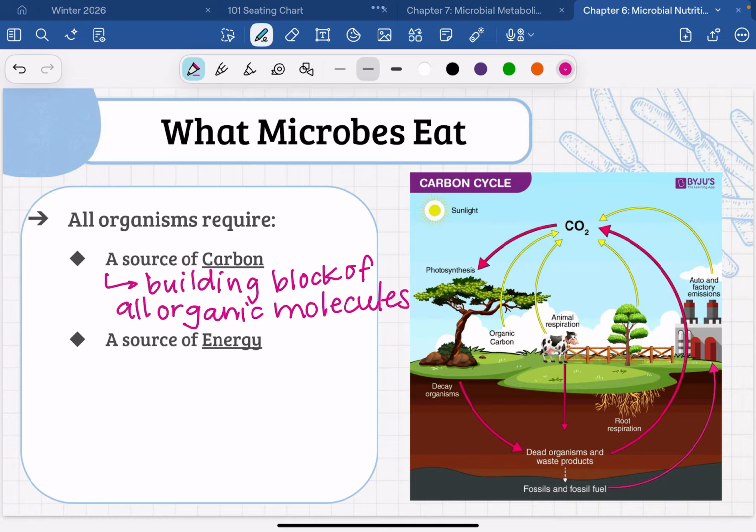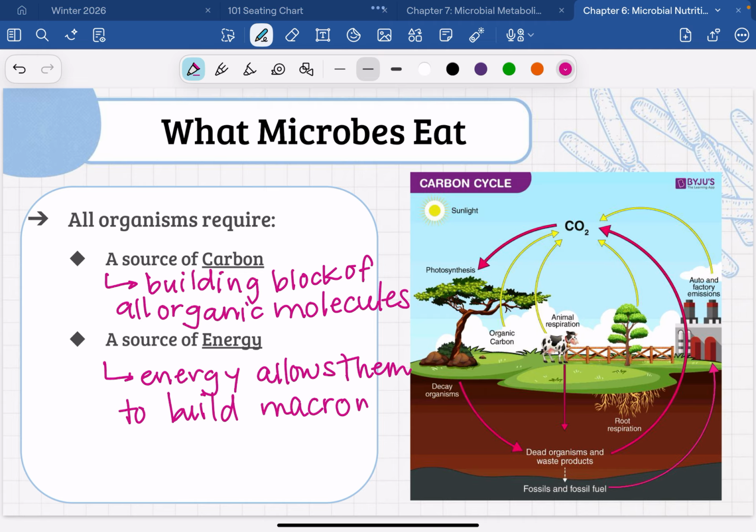And then the second thing that every organism on this planet needs to survive is a source of energy. And the energy allows them to build those macromolecules. We talked very briefly about adenosine triphosphate, also known as ATP.